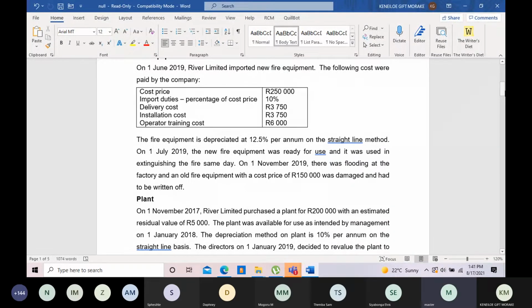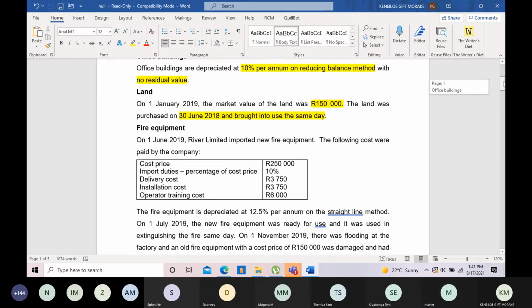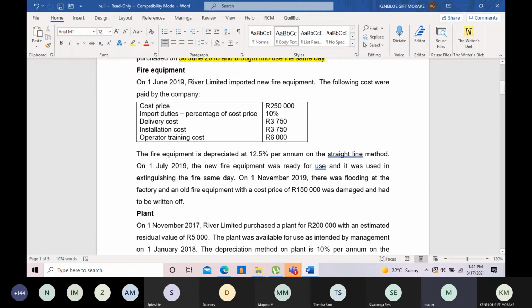Okay, so now, what are you guys saying? Now you go back there and check, because this one is calculated on the straight line method. So you take the cost price and multiply it by the percentage to get the full depreciation.